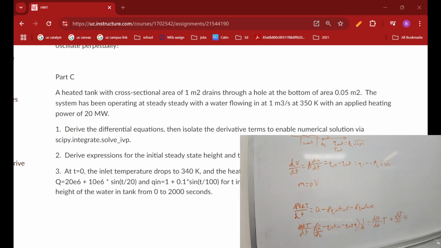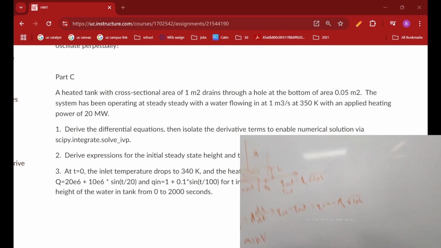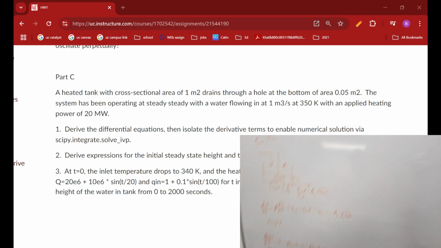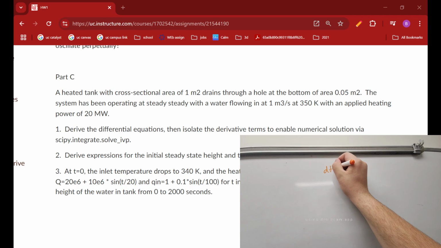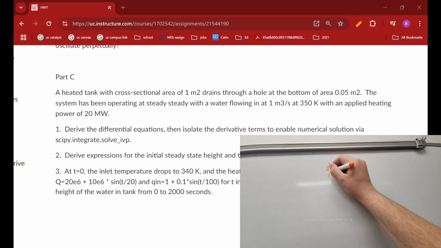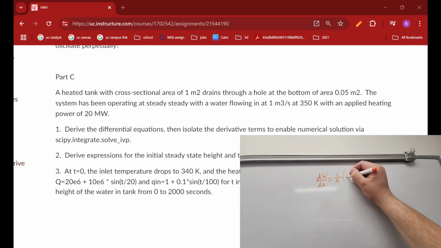Okay, so now that we have these two equations, I'm just going to rewrite them up here.